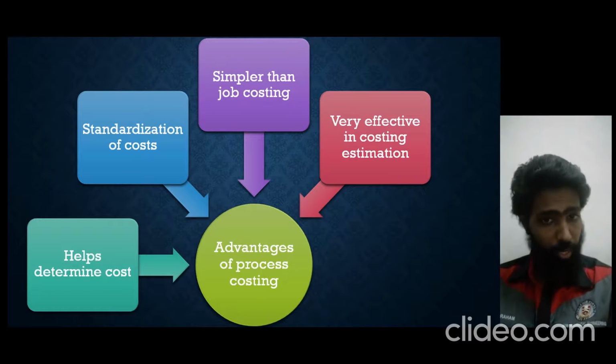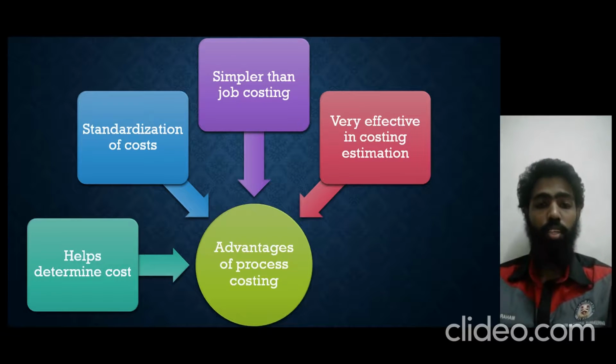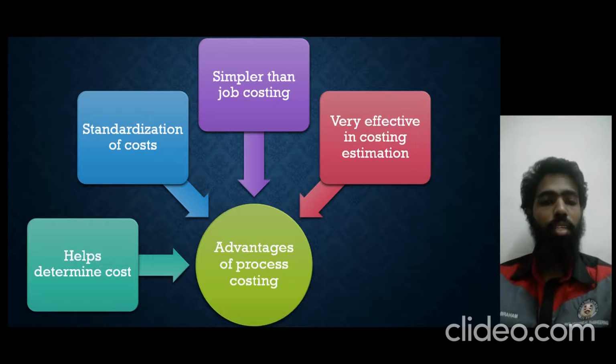So, this standardization of costs can contribute a lot to a standard costing system, in which we can very easily determine the process costing even before we start with the process, or even before we start designing the product.